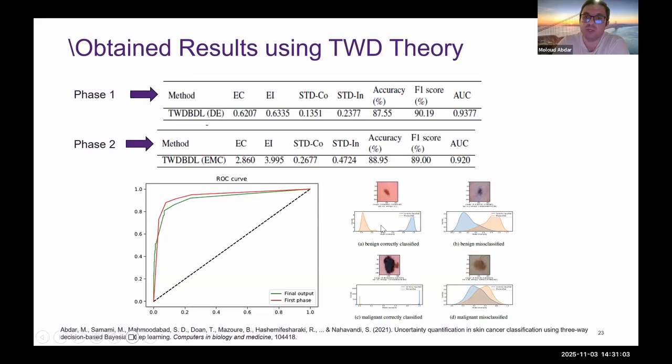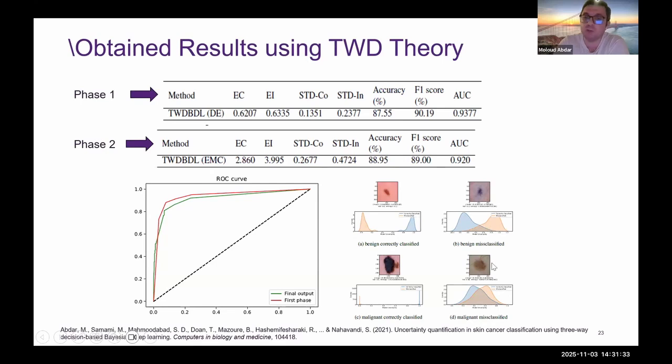So, for example, here I have provided two predictions, for high uncertainty and low uncertainty. Here you can see that the distributions of the two classes don't overlap. This shows that the model is very confident regarding its predictions. However, if you look at the two images on the right side, the two classes have overlap.